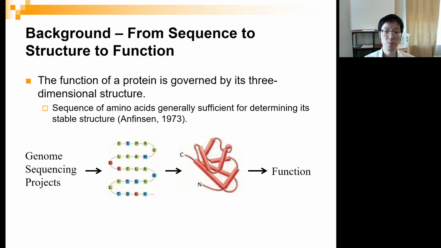In other words, generally speaking, there's a correspondence between sequence and structure. And the reason that's important is because the structure, as mentioned in some of my earlier examples, is very much tied to the ability of the protein to function.